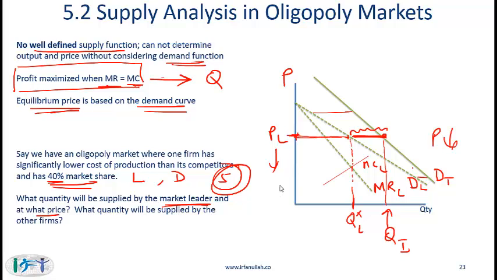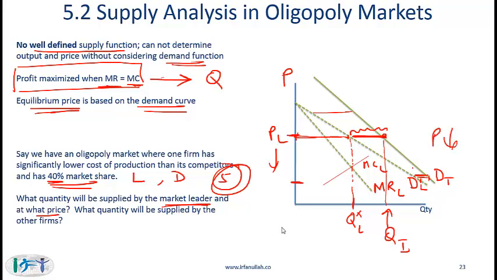So as prices start decreasing, the market share of the leader keeps increasing, and that is reflected by the fact that the difference at this low price between the demand fulfilled by the leader and the overall demand becomes less and less. And again, that is because smaller, less competitive firms or firms with higher cost structures exit the industry, and most of the industry demand then is picked up by the leader.